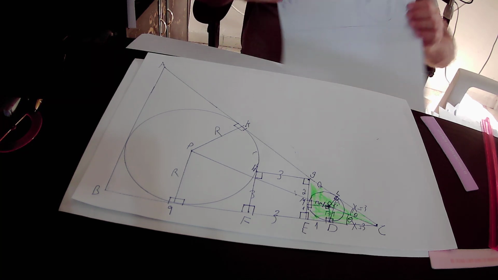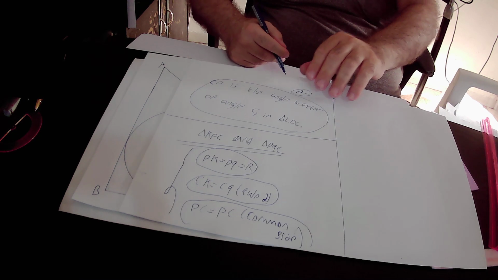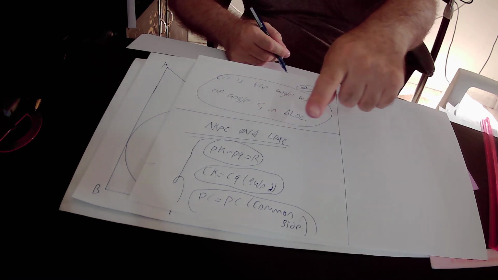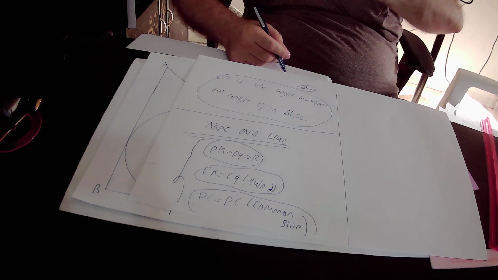So we actually proved that the two big right triangles can go into each other according to the side rule.